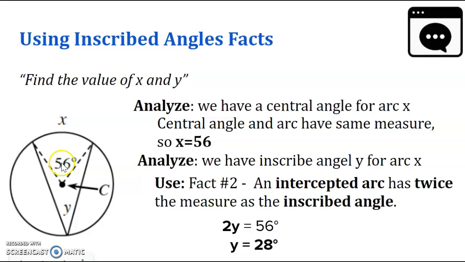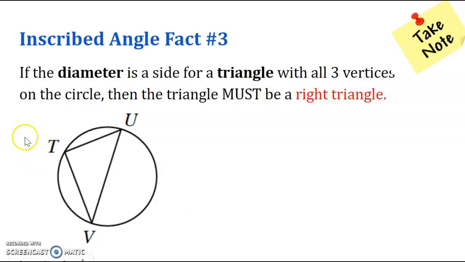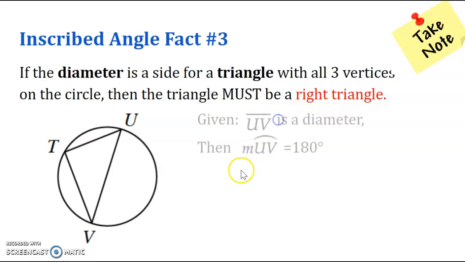We can also just go from the central angle. If the central angle is 56 degrees, the inscribed angle is going to be half of 56, that's 28 degrees. Third fact: if the diameter is a side of a triangle with 3 vertices on the circle, we're dealing with half of a circle here, then the triangle must be a right triangle. Given UV is a diameter, the arc measure of UV is 180 degrees.